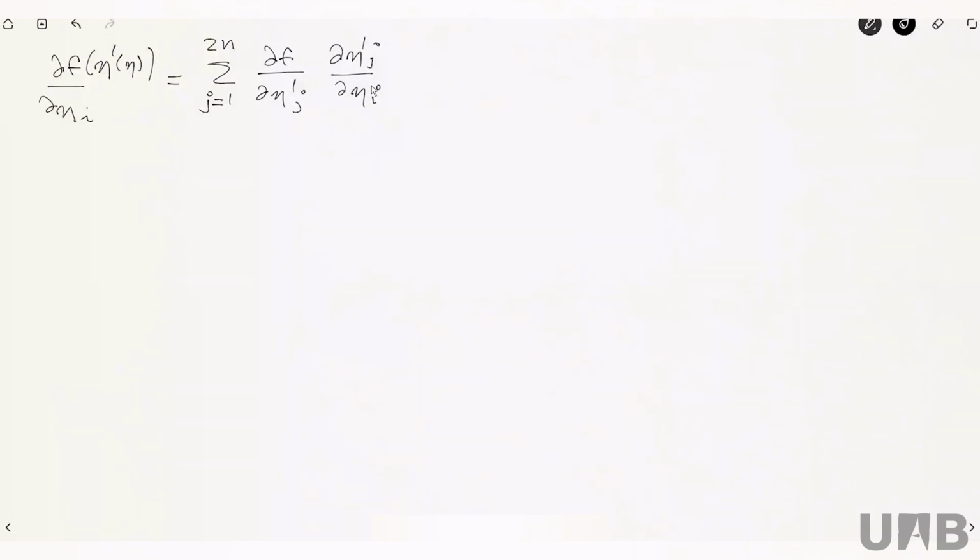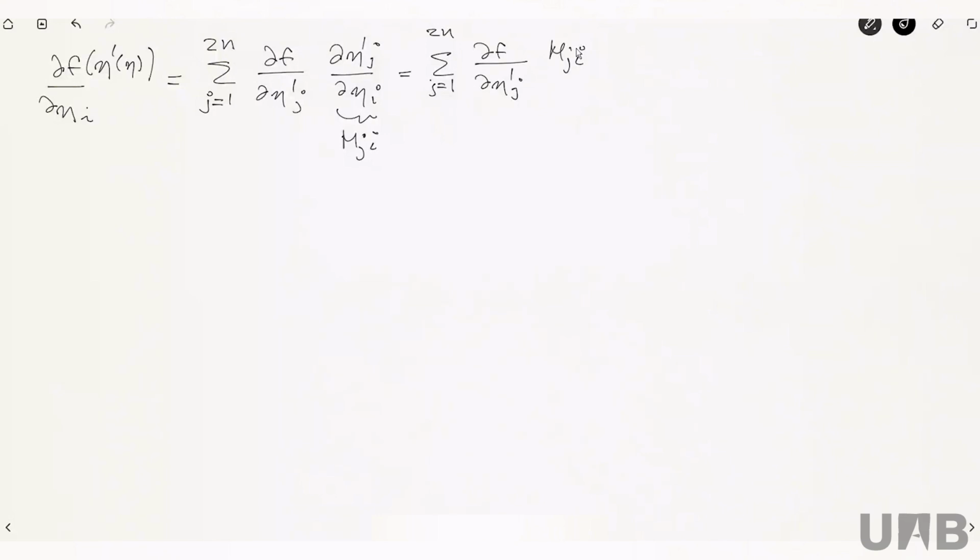Okay, so that's the chain rule. And this is the sum from j equals 1 up to 2n of partial of f with respect to eta prime j, and this is our old matrix M_ji. So this is M_ji.